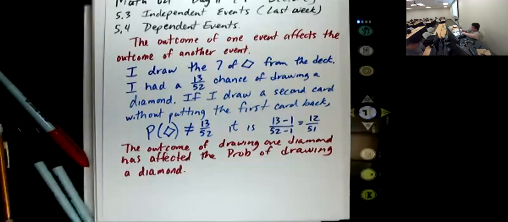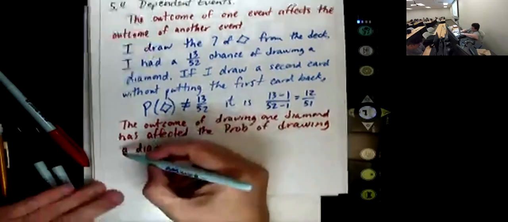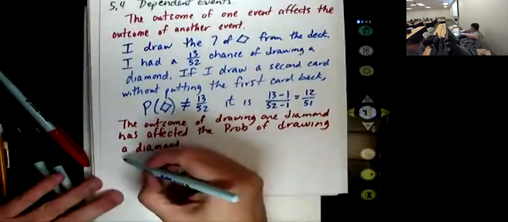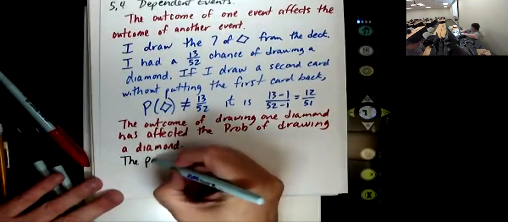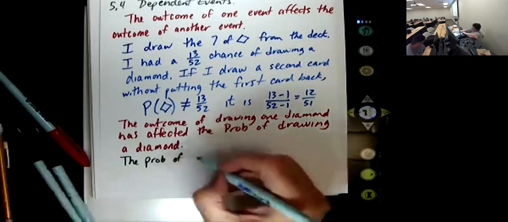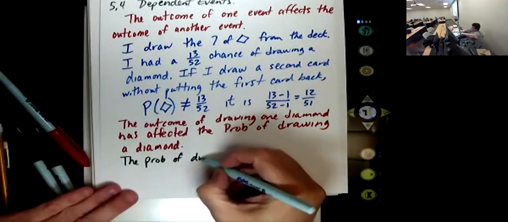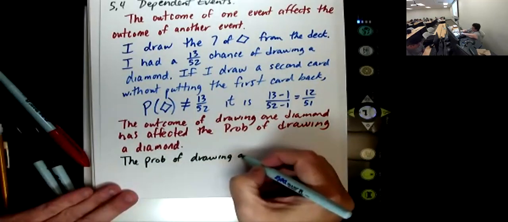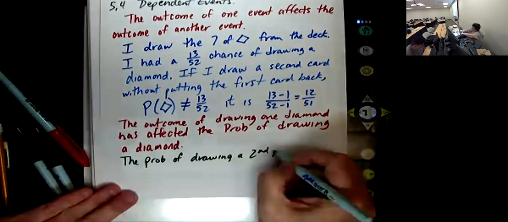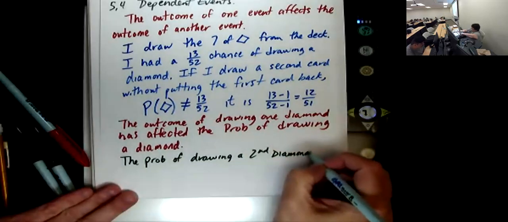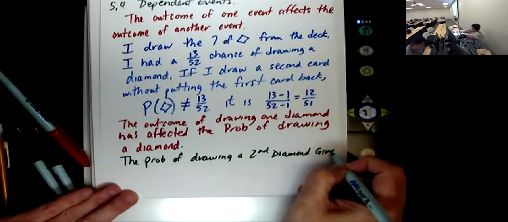So, in other words, this is saying the probability of drawing a second diamond given that the first card was a diamond.